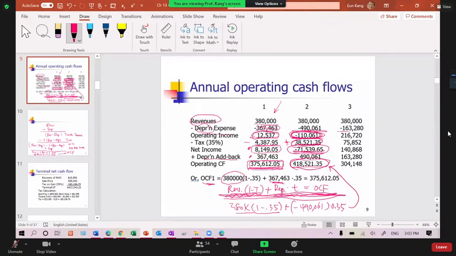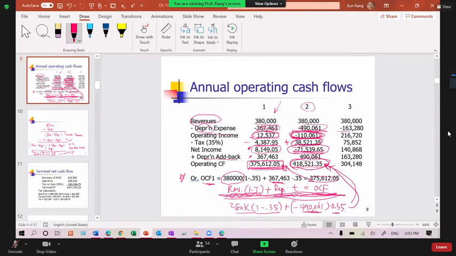We are doing the second year one here, right? Depreciation 364.60 times the tax rate, then you get this one, and 375,612 is this one. So this formula will make it easier, and you have to remember this way.